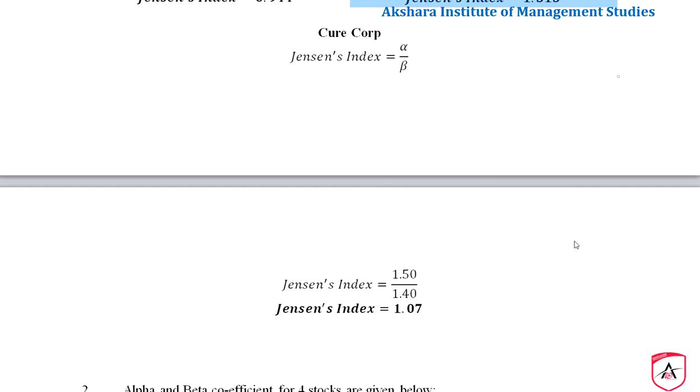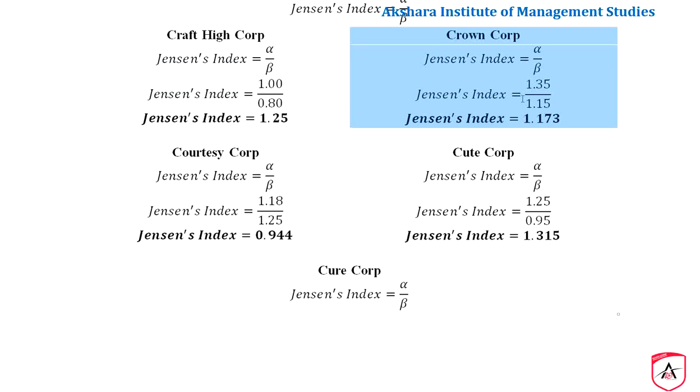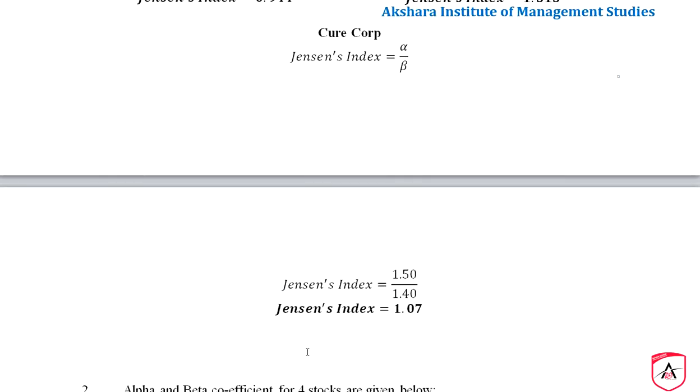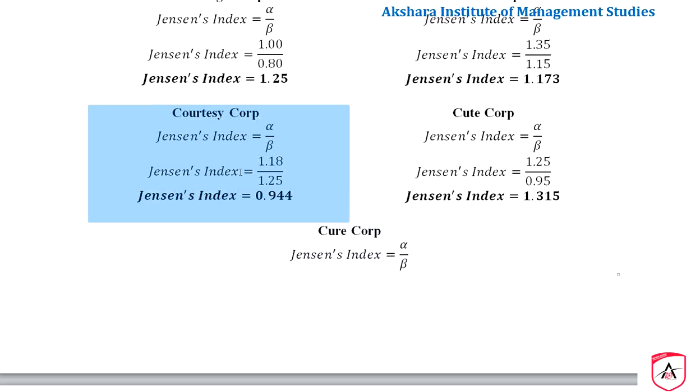Then Kraft High Corp ranks second, then Crown Corp ranks third, Cure Corp ranks fourth, and Courtesy Corp ranks fifth, from the highest value to the smallest. That is how you have to write the conclusion and rank the stocks.